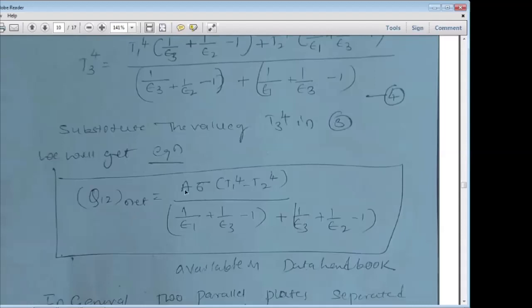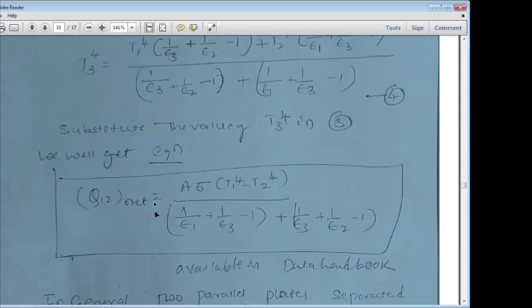That is A sigma, T1 raised to 4 minus T2 raised to 4, divided by 1 upon epsilon 1 plus 1 upon epsilon 3 minus 1 plus 1 upon epsilon 3 plus 1 upon epsilon 2 minus 1.